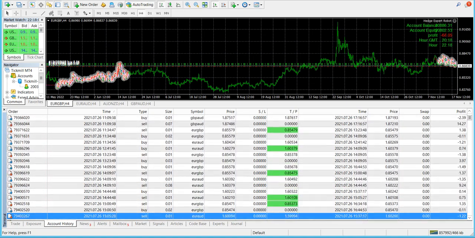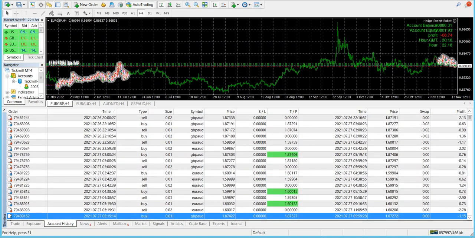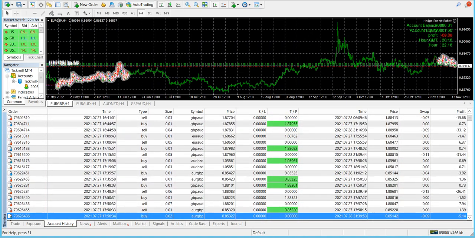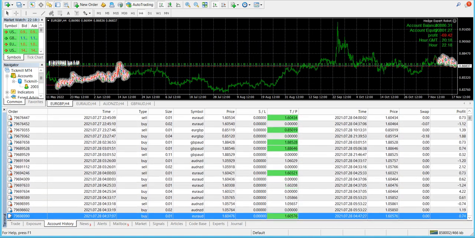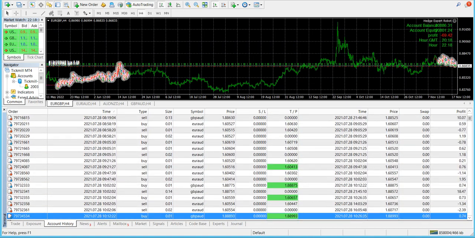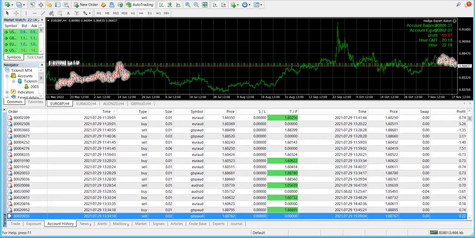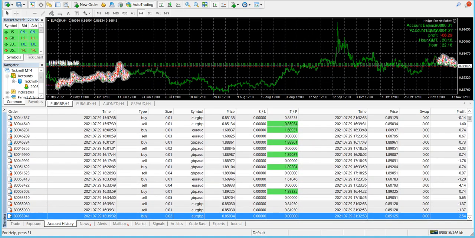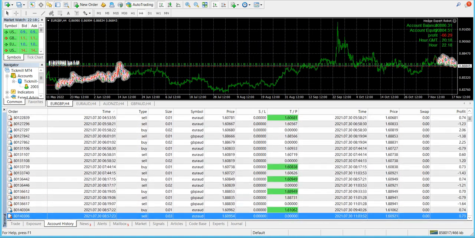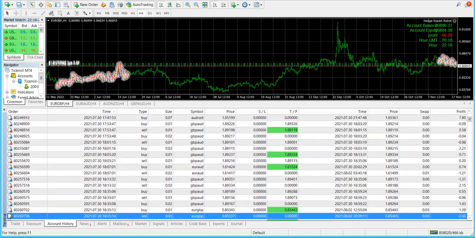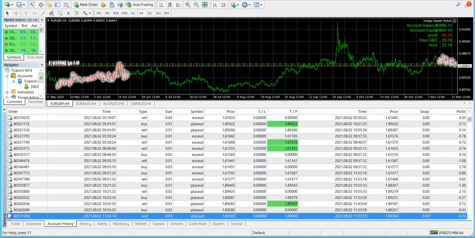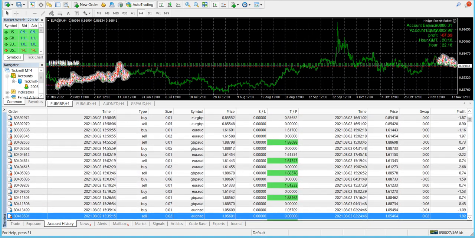So GBP AUD and Euro AUD, these kinds are similar because both of these currencies are trading against AUD, and then again Euro GBP and Euro AUD both are euro pairs. So it is always better to diversify the pairs, because in case of certain fluctuation in any particular currency, like in case if euro is going very down, then it will go down against all the currency pairs most of the time, right?